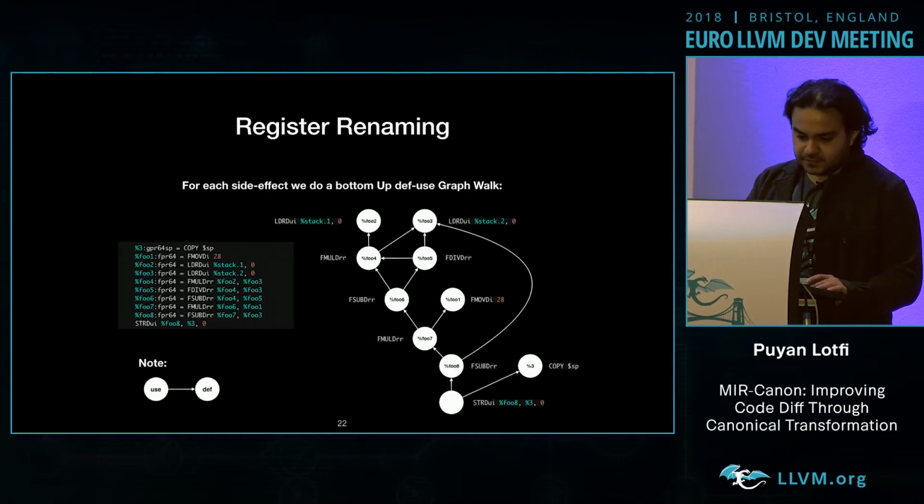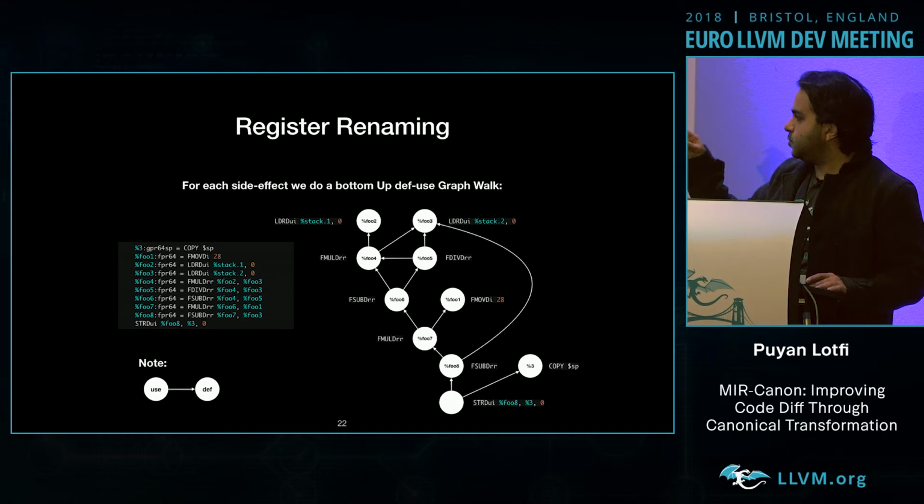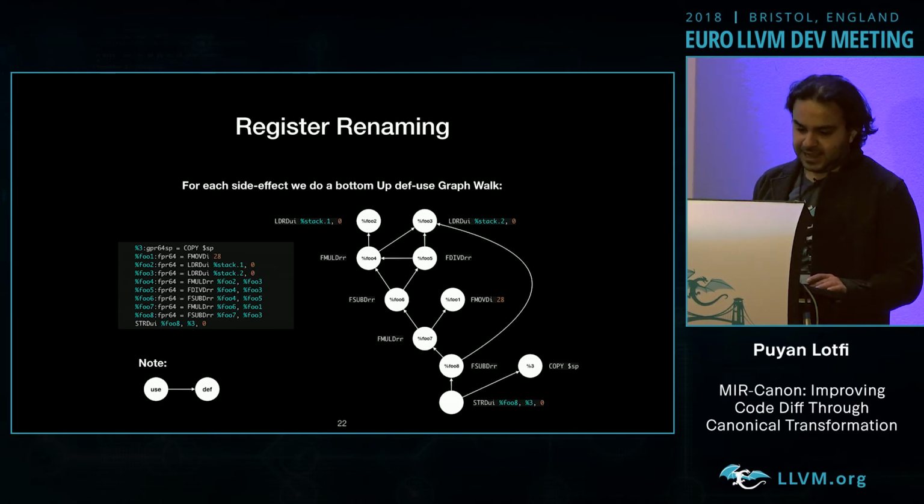Then for just one of these, this store, we do a walk, and this stream of instructions is all of the instructions that we encounter in the walk of the def use graph within the current basic block, because we don't go outside of the current basic block.